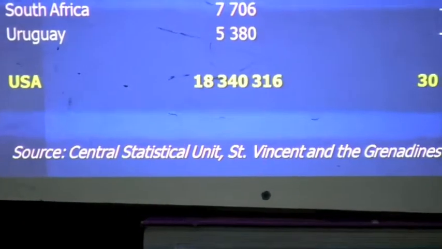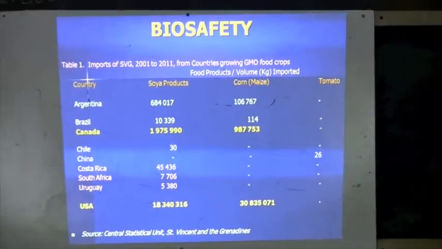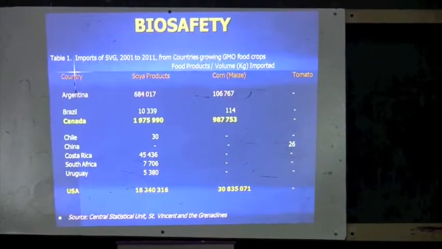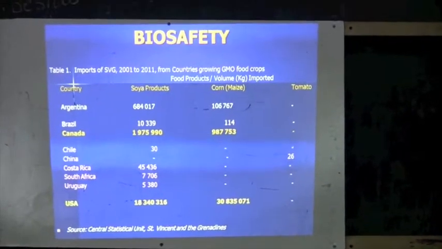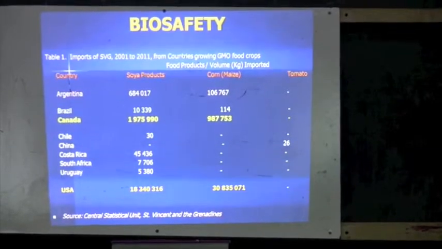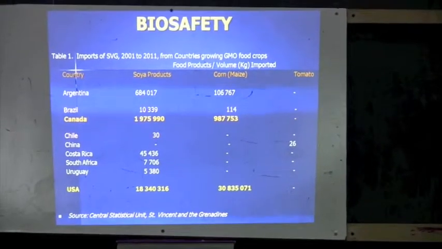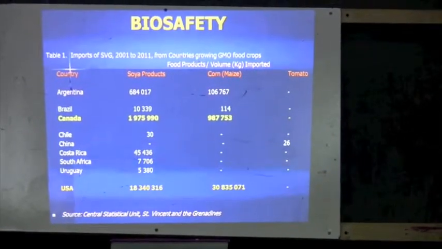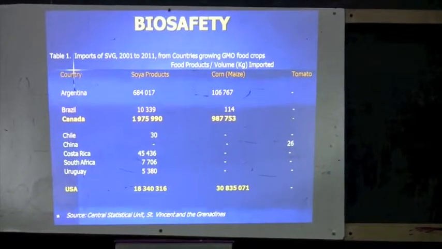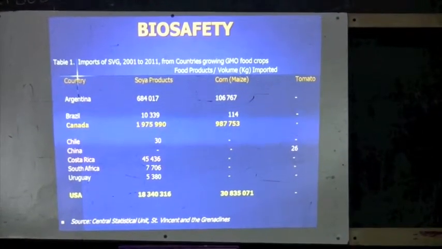We see the figure there of nearly 2 million kilograms of soybean being imported over an 11-year period from 2001 to 2011 from Canada, and almost 1 million kilograms of corn from Canada, 18 million kilograms from the United States of soy product, and 30 to 31 million kilograms of corn from the United States.